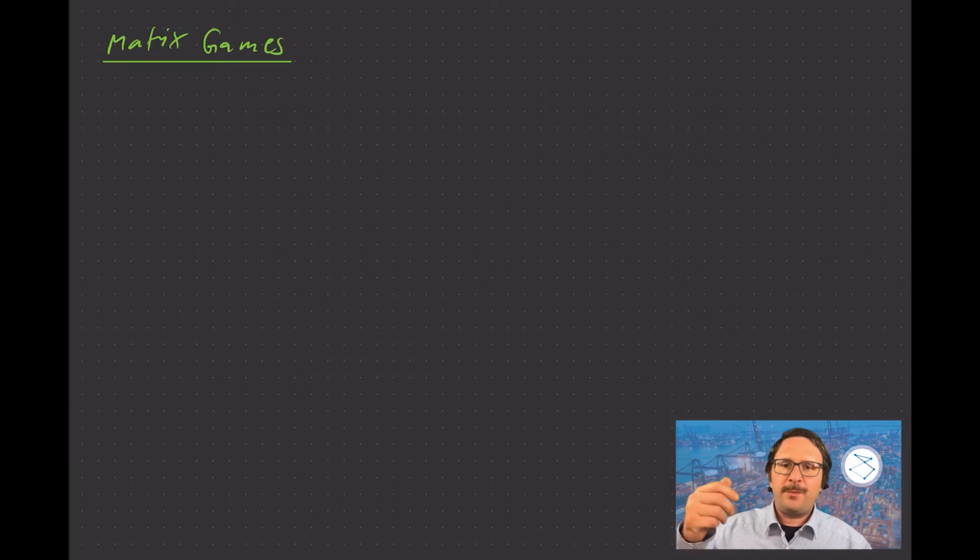So whatever one player gets, the other has to pay. That means one payoff matrix is exactly minus the other payoff matrix. And so it's sufficient to specify just one of these two matrices. We just have to agree on a convention of which one that would be. And this is the definition of a matrix game. So let's start with that.